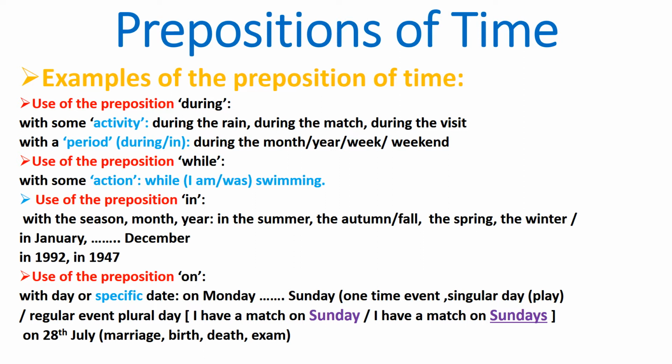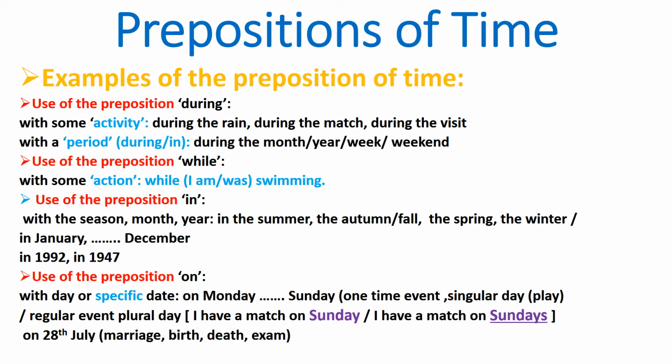Then we move on to the next example, the use of the preposition in. The preposition in is used with the season. Remember, always when we use any of the seasons of the year, we also always use the article the with it.